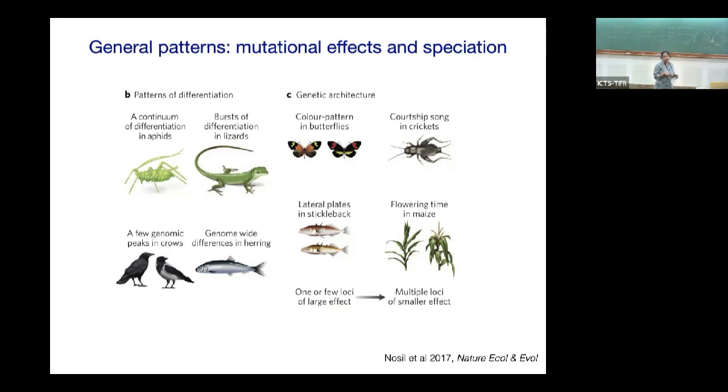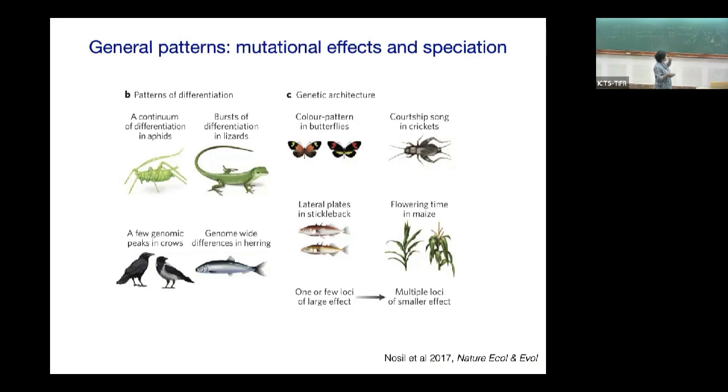Stickleback have also been studied quite a while, where there are a few different genes that are known to be important for changing the armoring, as these stickleback came from marine environments to freshwater environments. Flowering time in maize is another case where multiple loci of tiny effects were involved in the domestication event.